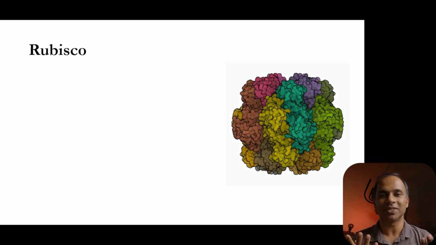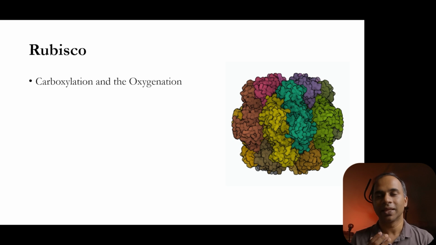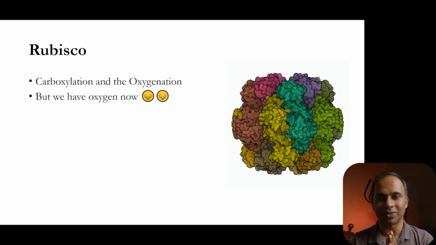This enzyme can do both carboxylation as well as oxygenation. So it creates a chaotic situation, because when there's oxygen, a very interesting reaction happens, and that reaction is not as efficient as the regular Calvin-Benson-Bassham cycle step.